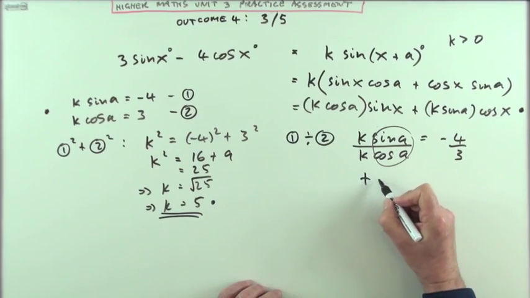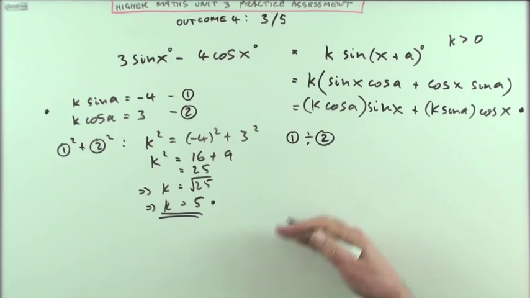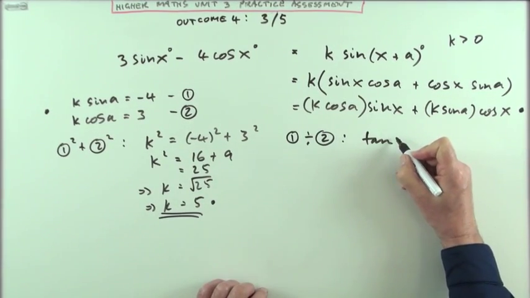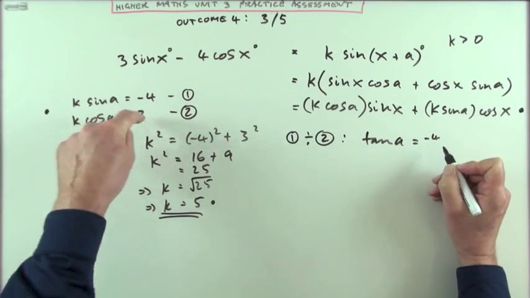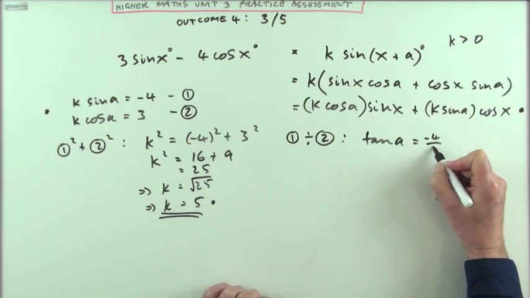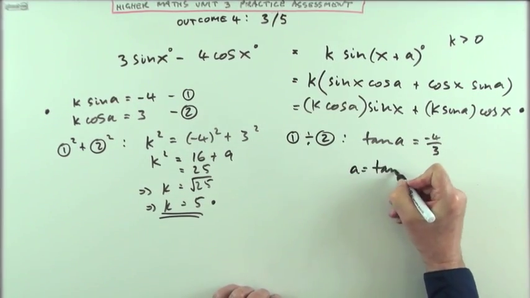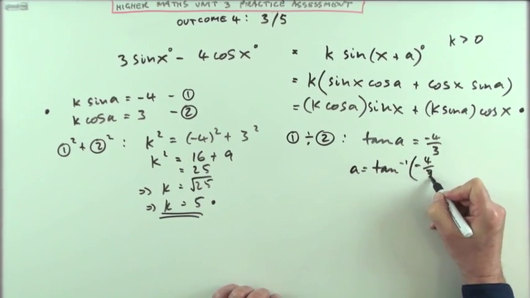So the next line will just read tan A equals negative 4 upon 3. You would just go straight in with, well, if you divide the equations, that means that tan A will be, and make sure you've got it in the order of the sine over the cosine, because that's where the tan comes from, negative 4 upon 3. So naturally, A will be the inverse tan of negative 4 upon 3.